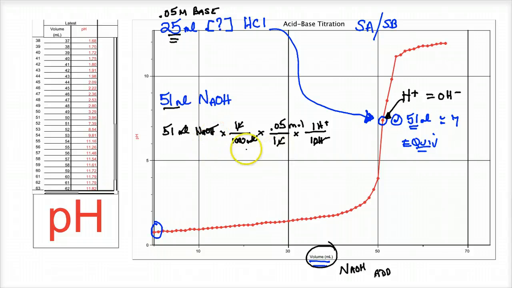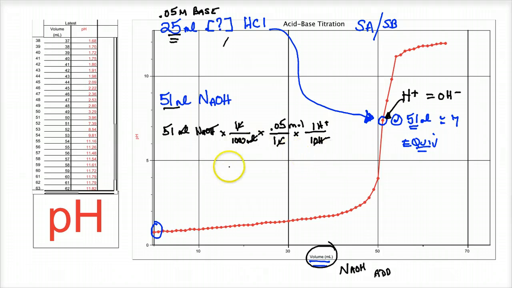So I probably should have put in, for every 1 NaOH, there's 1 OH minus. You don't have to if you see that, but it probably should be in there to understand that it's a 1 to 1. Any case, that's going to give me moles of my H pluses.